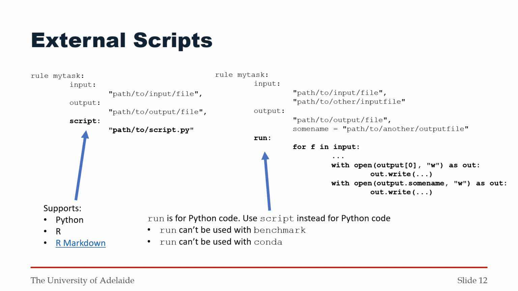You'll also see in some of the Snakemake documentation that it supports run, which is for use with Python script. However, it's advised not to use Python script in one of these run blocks because it has some constraints on other things that you might like to do with Snakemake, which we might touch on later. So it's advisable, instead of using the run keyword, to use the script keyword and supply the Python script to it instead.